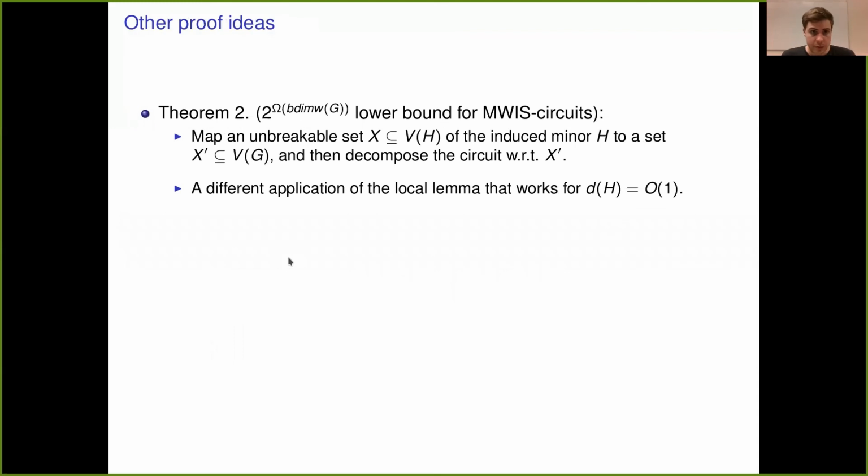And for other proof ideas, for theorem 2, the lower bound parameterized by bounded degree induced minor width, we again have this unbreakable set in the induced minor, but we then map it to the original graph G, and then use the same decomposition of the circuit, and then we again have an application of the Lovász local lemma. This time it's a bit different, but anyway it works if we have a constant degree for the induced minor.